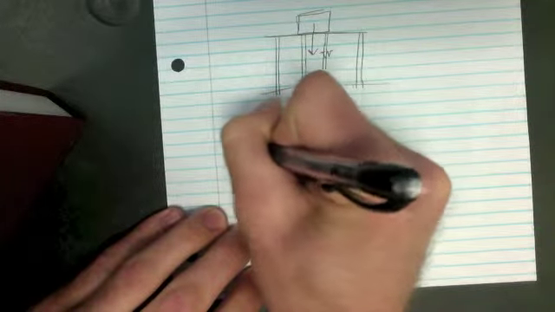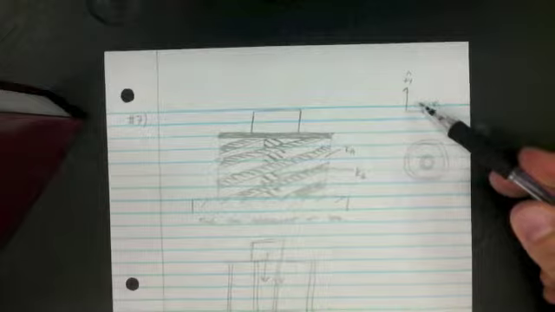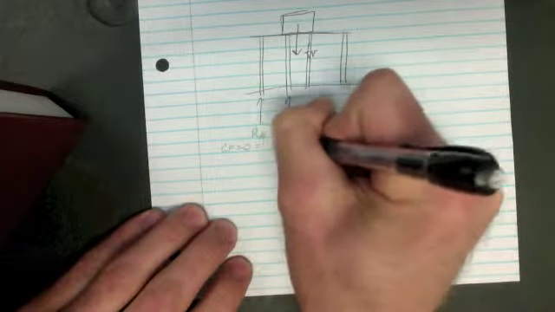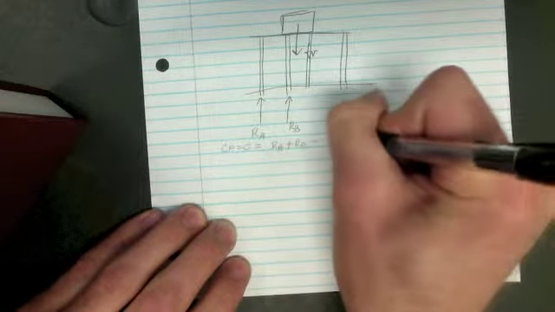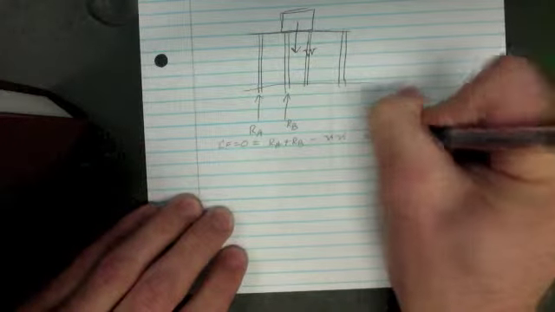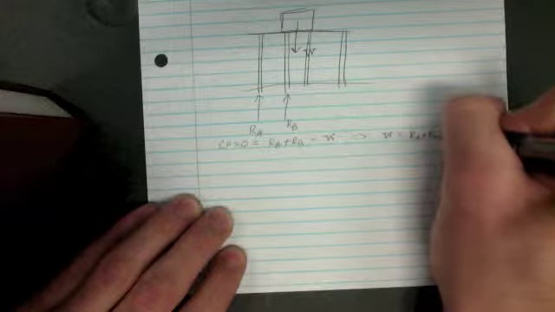We sum the forces and set them equal to 0. I said that going upwards on the page is the positive y direction, so we have positive Ra plus Rb minus the weight of the box. That means the weight of the box is equal to Ra plus Rb.